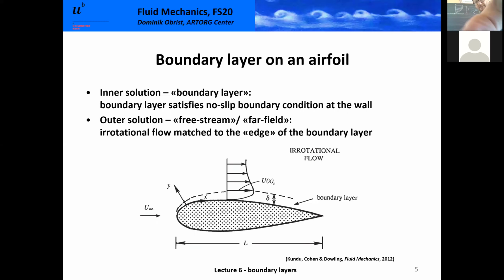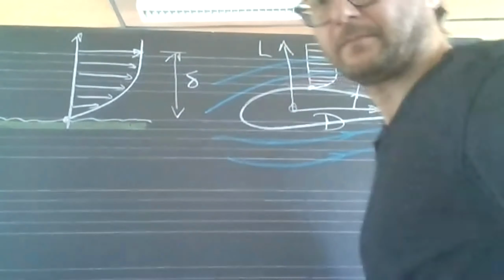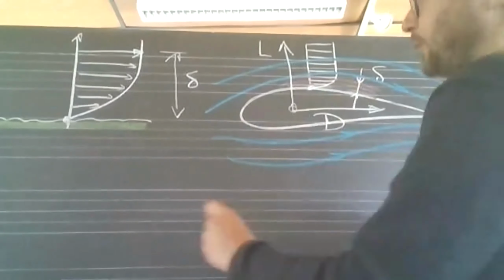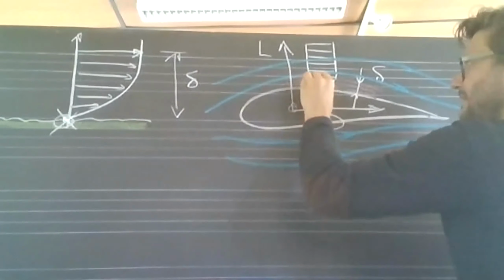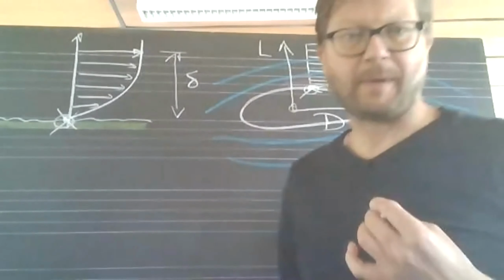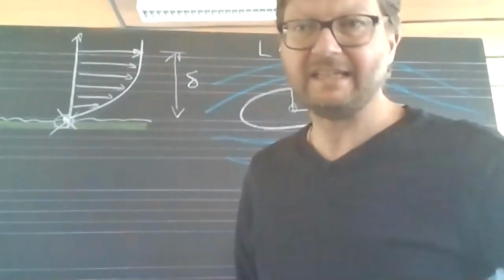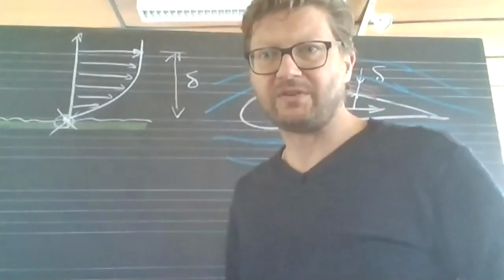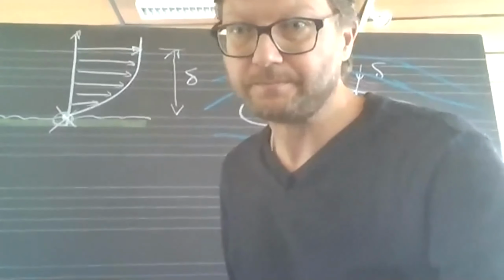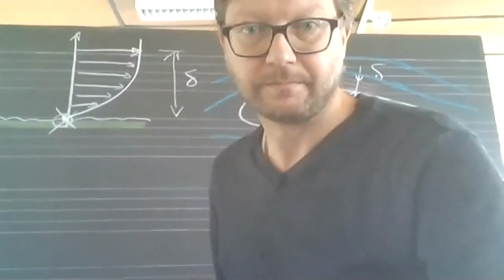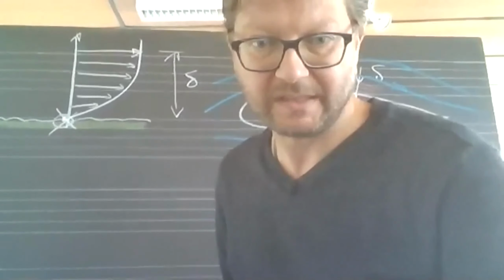If you go back to the blackboard, no-slip means we have zero velocity at the wall itself. This is a boundary condition we must satisfy on the wall. Any viscous flow has zero velocity on the wall. Let's go back to the slides.